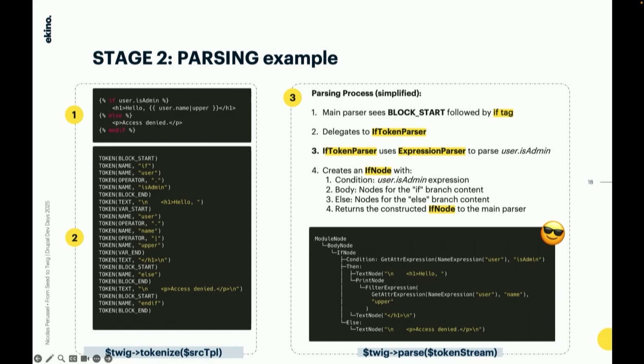So when you read the token stream, you can easily map what is going on under the hood. The first token is block start, okay, it's the beginning of the Twig tag. And after, we have token name if. And the parser detects that if needs to be delegated to the if parser, and the if parser produces a dedicated node that will be compiled into PHP. That's the process. It's important just to understand the chain, the pipeline of how Twig is compiling.